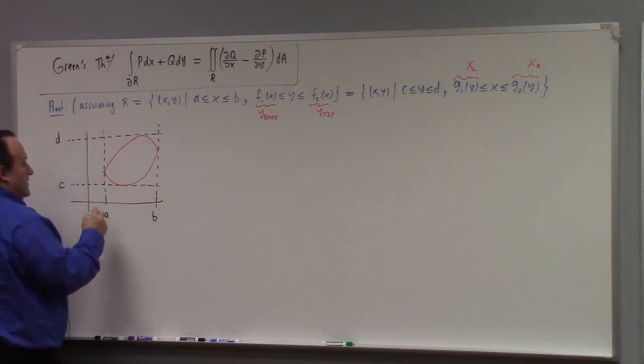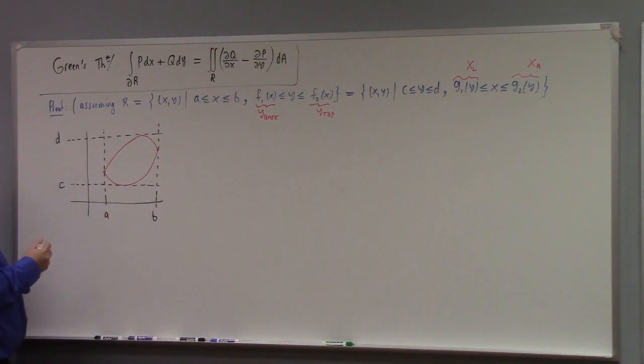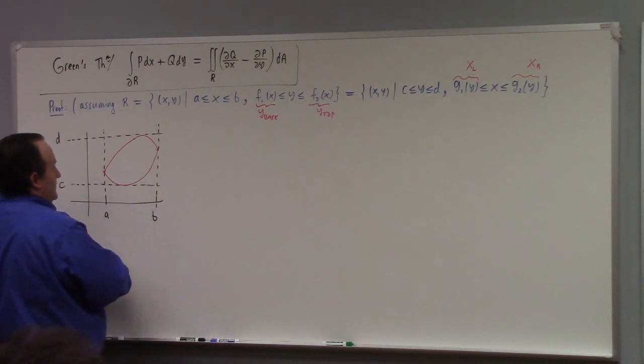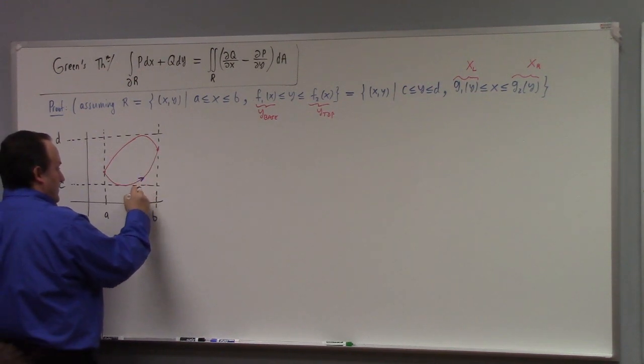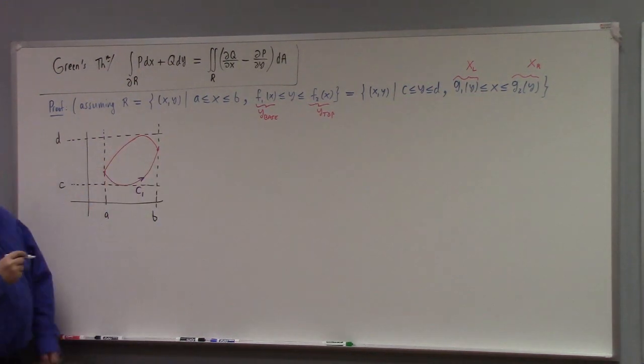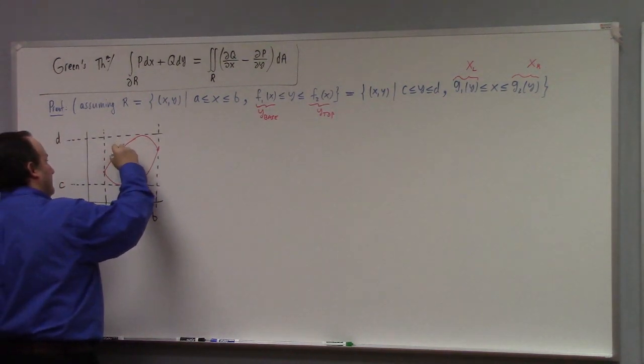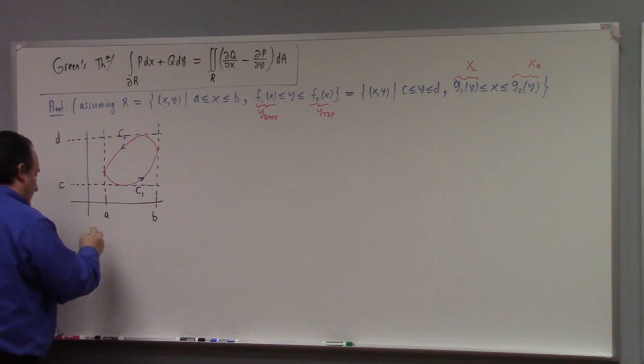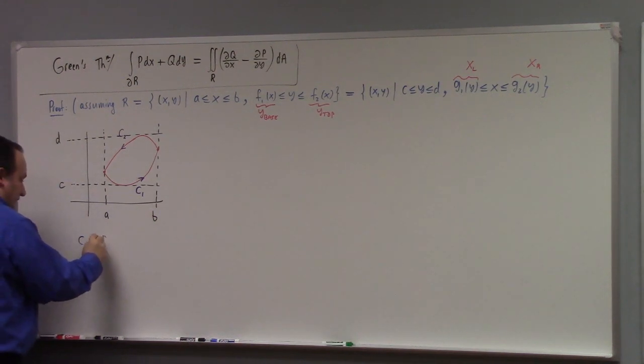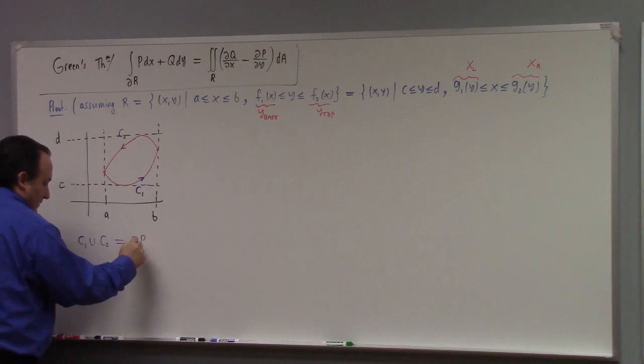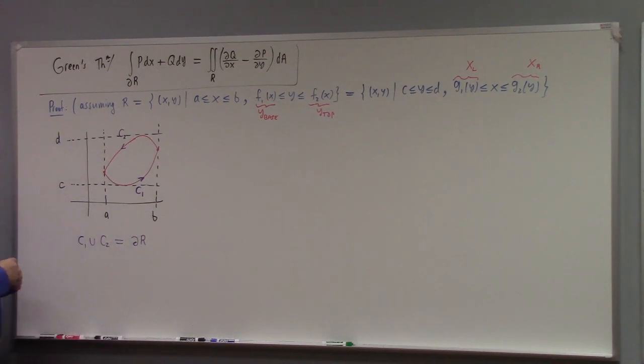So, anyway, certainly there are regions that are both type 1 and type 2. But the larger point is, if this is the case, then we can picture C1 down here, and as I have it labeled, C2 up here, and C1 union C2 is the boundary of the region R. Shading is always kind of shady on these whiteboards, but here I'll use my orange.